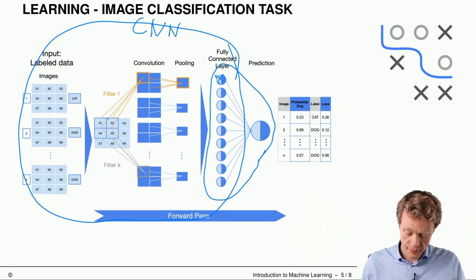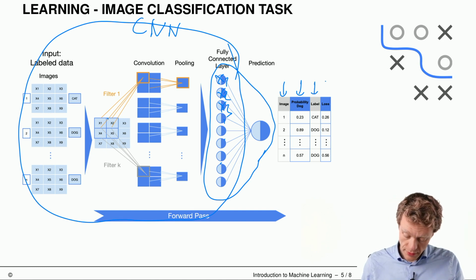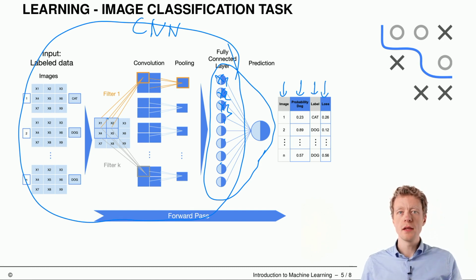We can just say that's x1, x2, x3, and so on. So we have a perceptron in the end, which means that we get for each image a probability that it belongs to class 1, in this case dog, and with the true label and the predicted probability we can compute a loss.